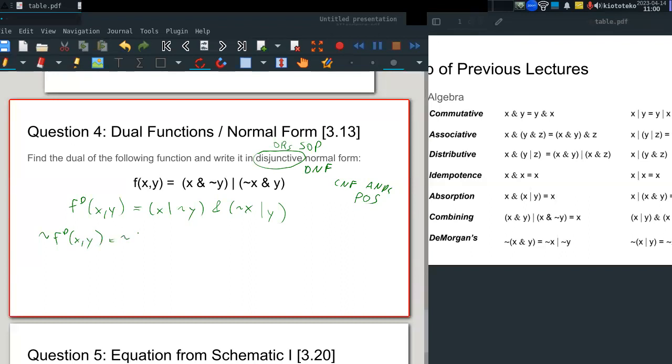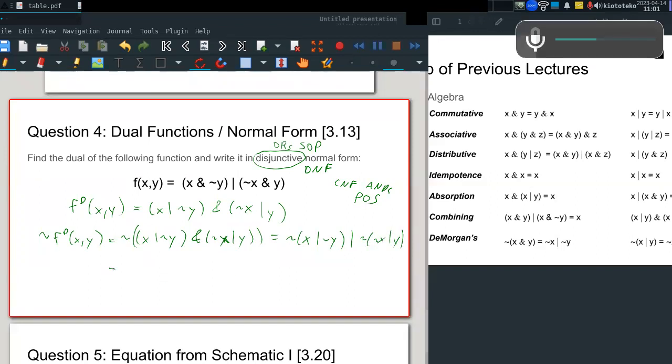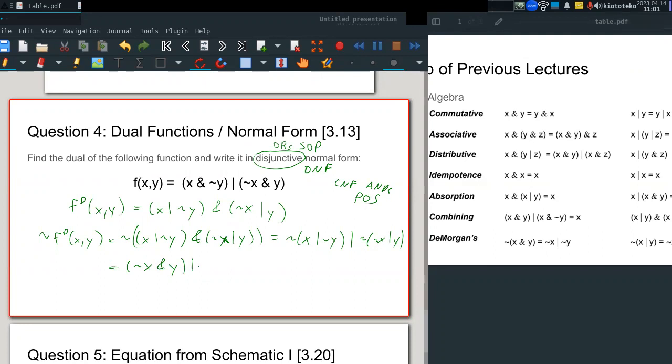It will be this way, no? Well, we have this, x, not y, which is equal to not x and not y, or not x and y. And then we further, again, using the Morgans, we have that it's not x and y, or x and not y.